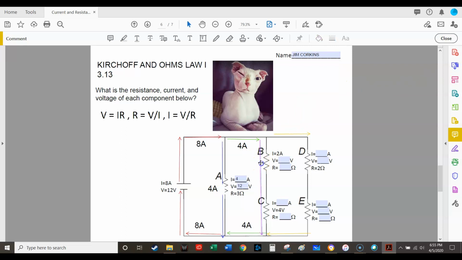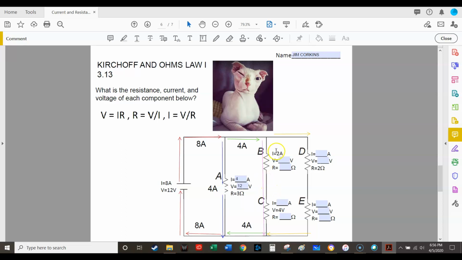Okay. So the BC branch is, so green is flowing in, which we know is 4 amps. Pink is traveling down, and orange is traveling across. Well, B and C are in series with each other. And rule number 2, which is Kirchhoff's junction rule, well, the consequence is if you know the current of one resistor and it's in series with another resistor or another element, then that has to be the current through there.